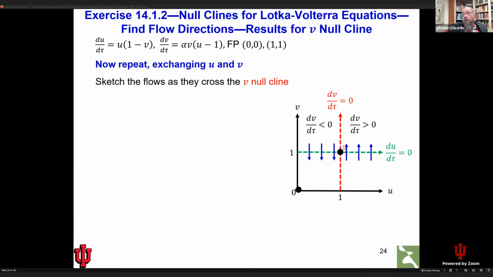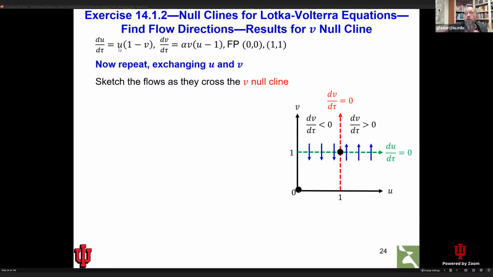The V null-cline. And so we'll pick a point where we can evaluate du by dt. A perfectly good point for that would be 1/2, 1, for example. Sorry, 1, 1/2. If I make it 1, 1/2, what's happening to du dt?